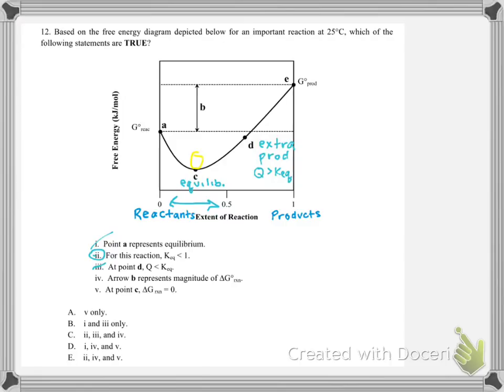Arrow B represents the magnitude of delta G of reaction. And so we want to remember that the delta G of the reaction is equal to delta G for the products minus the delta G of the reactants.